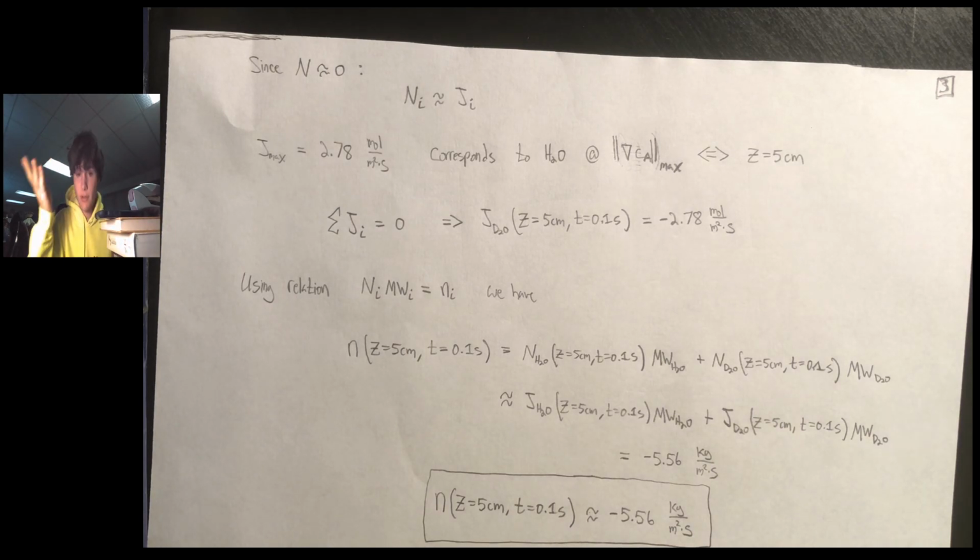It's the molar diffusion flux of that individual component plus the bulk contribution term, which is the mole fraction of the component multiplied by the total molar flux. But since we're approximating the total molar flux to be 0, the bulk contribution term is approximately 0, and so the molar flux of the individual component is approximately equal to its molar diffusion flux.